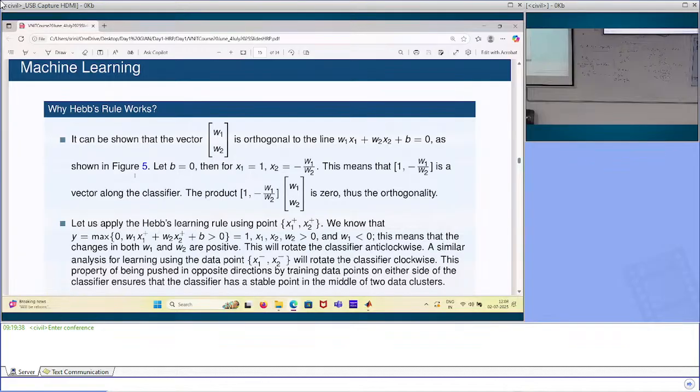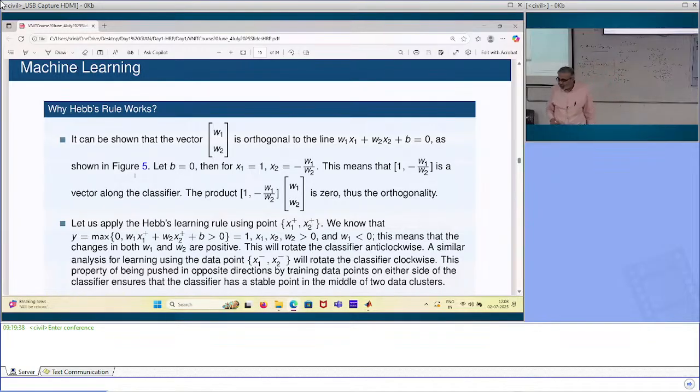What is the change in W1 and W2 when I use x1 plus and x2 plus as the test point? Right? मैं इस एल्गोरिथम में डालता हूं, I put in this algorithm this point. For this point I know what is y for this point.